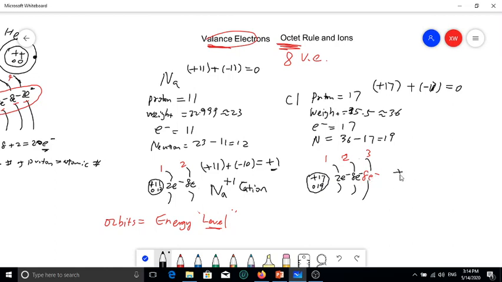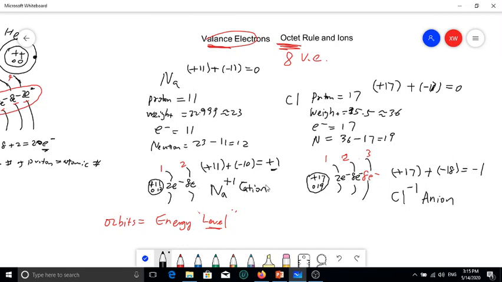You still have 17 protons, but the electrons are 2, 8, 8. You gained 1 more electron, which makes 18 electrons. So you can do the math here: positive 17 plus negative 18 gives you negative 1. This negative 1 is because now the negative charge from the electrons outnumbers the positive charge from the nucleus by 1. So this chlorine is no longer a chlorine atom. It's a chlorine negative 1 charged ion. This is called an anion.